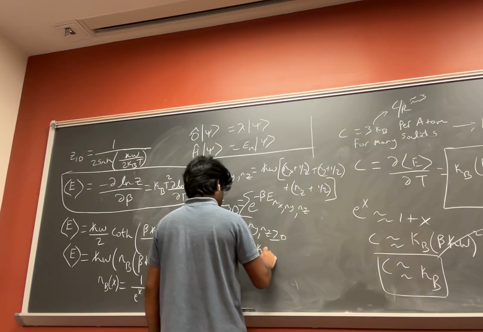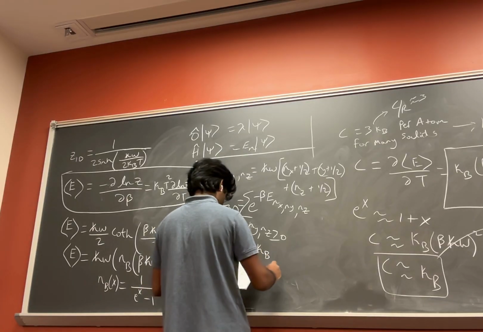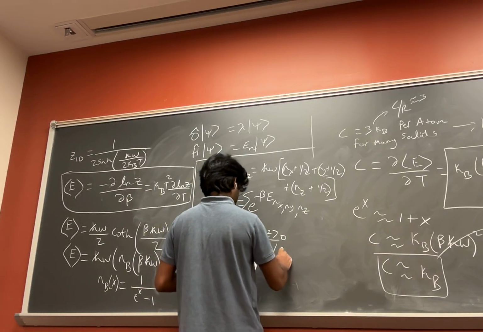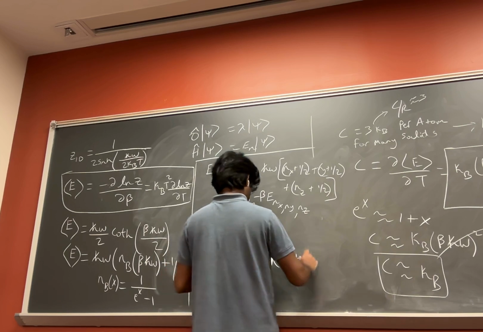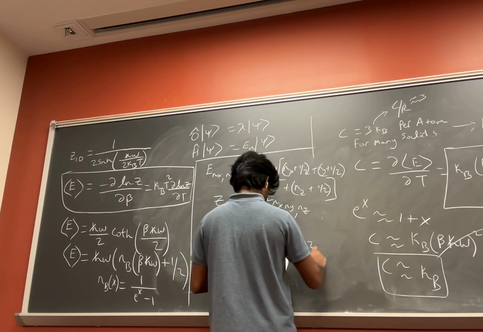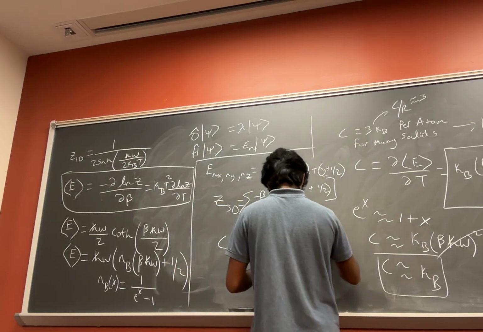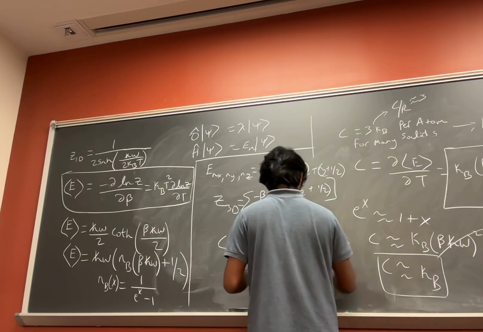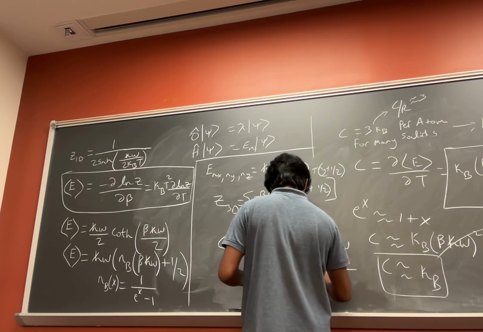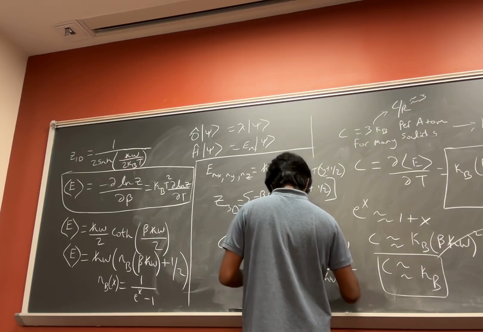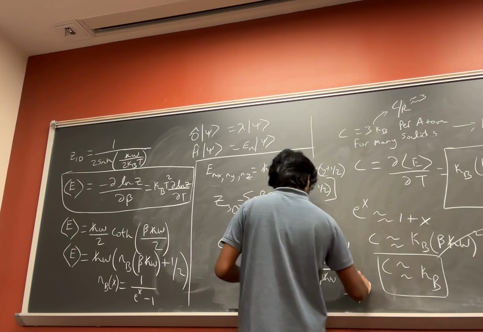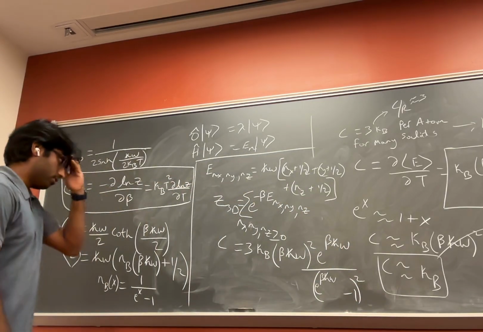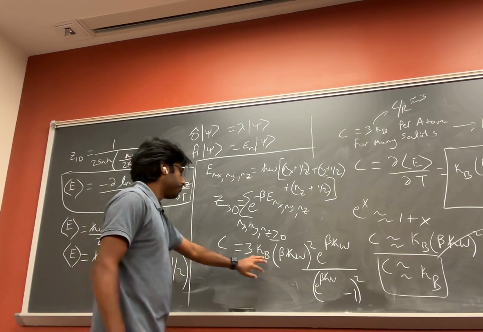So it's just 3 kB times h bar omega squared e to the beta h bar omega over e to the beta h bar omega minus 1 squared. Okay, so yes.